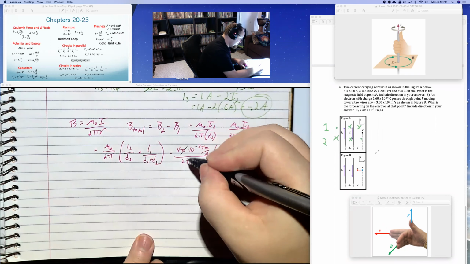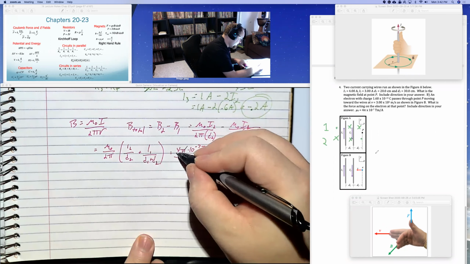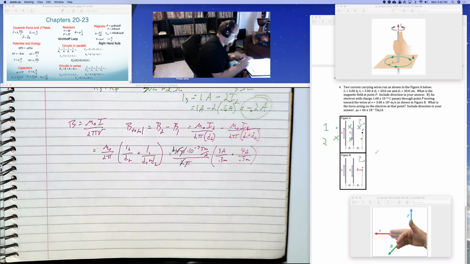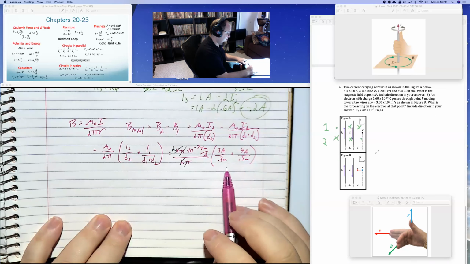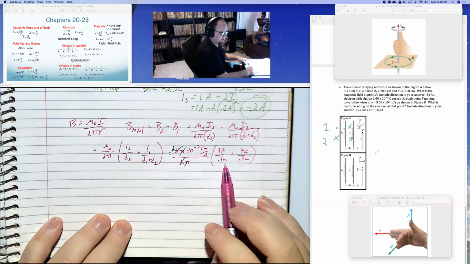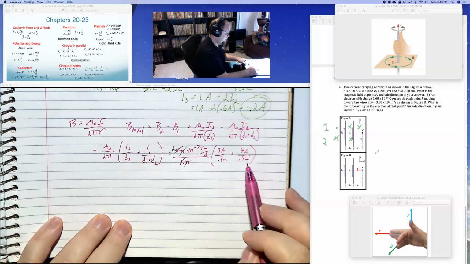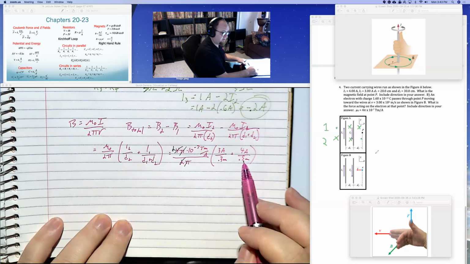My pi's cancel. 4 over 2 is just 2. So it's 2 times 10 to negative 7 times this mess, which this is 10. 4 over 0.5 is 8.